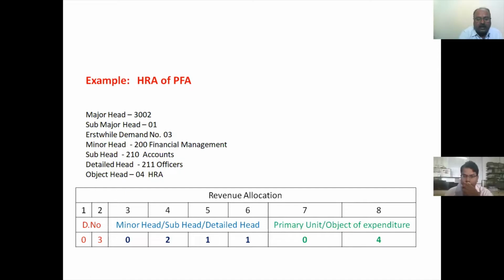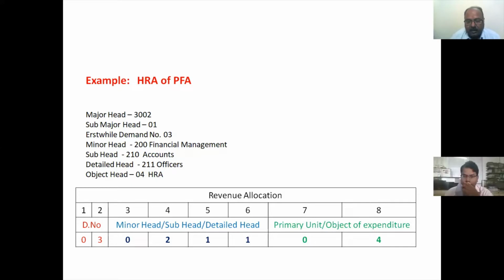The third, fourth, fifth and sixth digits, the 4 digits, are the minor head, subhead and detailed head. Here the minor head is 0200, where 0 is always the third digit. 0200 is the minor head, 0210 is the subhead, and 0211 is the detailed head for this allocation.